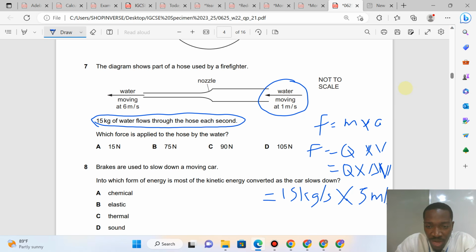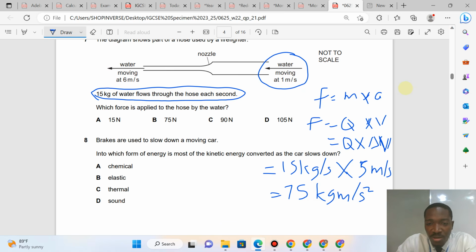If you multiply 15 by 5, you get 75, and if you multiply kilogram per second by meters per second, you get kilogram meters per second square, which is the same SI unit for force. 75 Newton. Take note that the Newton is the same thing as the kilogram meters per second square.